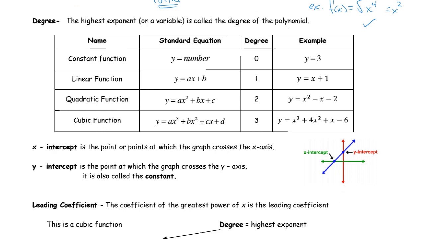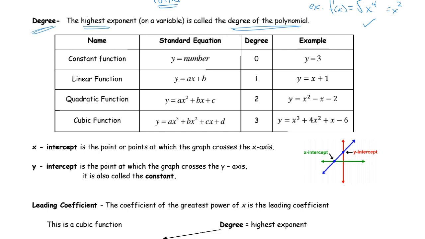So here we go. We're going to talk about the degree. Okay, so the degree is the highest exponent on a variable in a polynomial, and that will be the degree of the polynomial.